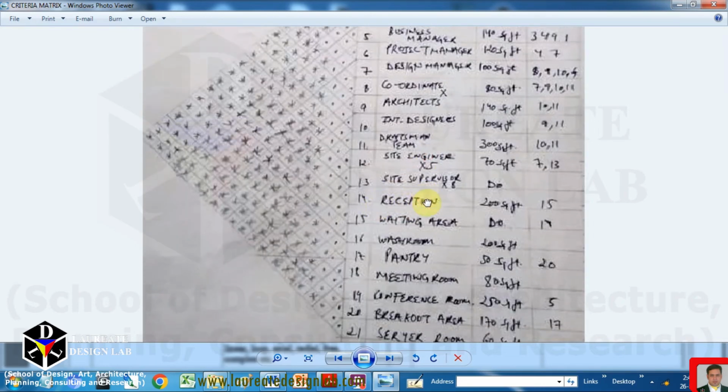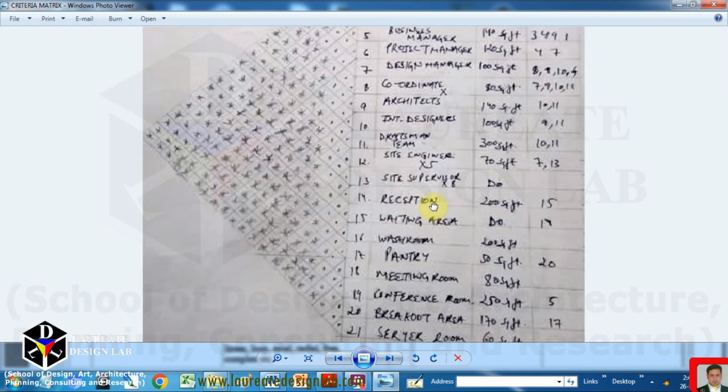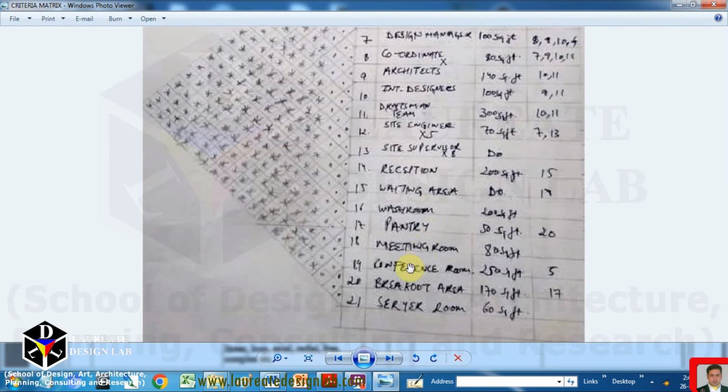So 9 must be near to 10 and 11, interior designers and draftsmen. Let's talk about reception. Reception must be near to 15 number, that is waiting area. It must be adjacent to each other. Conference room must be adjacent to 5 number, that is business manager.